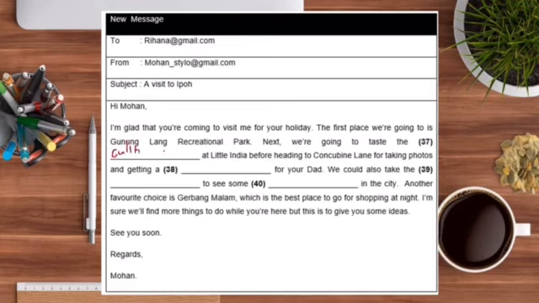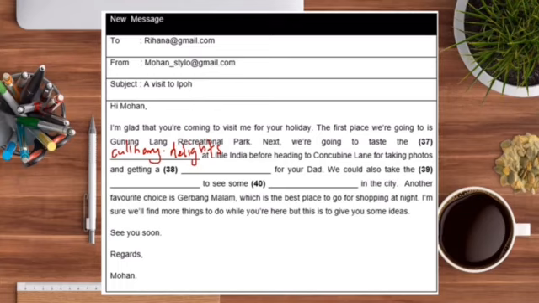Culinary Delights. Okay, at Little India before heading to Concubine Lane. The words Concubine Lane here are once again a clue for you to get the answer.